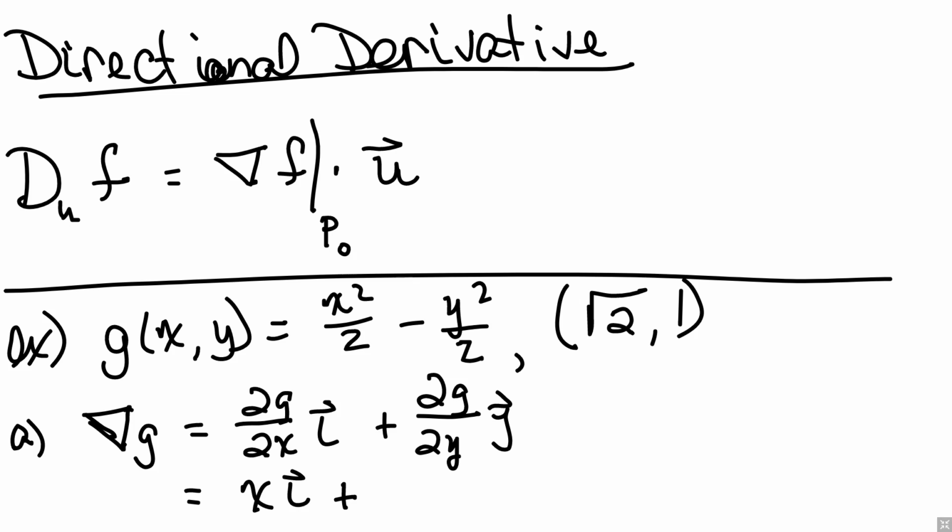If we do the partial of g with respect to y, we end up with negative y in the j direction. So our gradient of g is x in the i direction minus y in the j direction. Any questions?